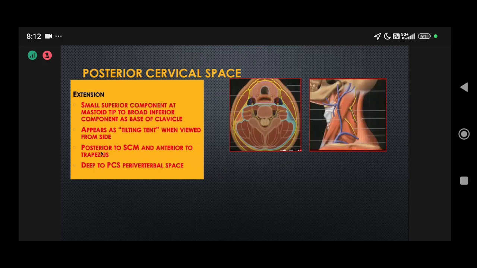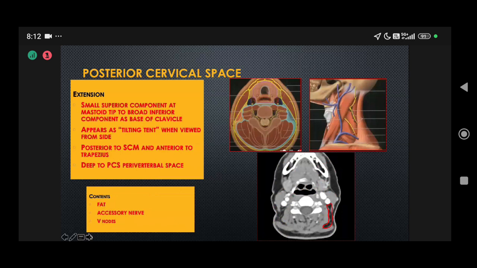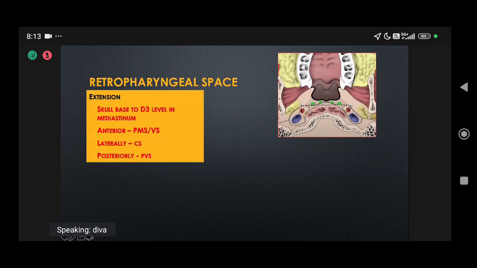The posterior boundary is the trapezius and the anterior boundary is the sternocleidomastoid muscle, and it is deep to the perivertebral muscle. The contents, as we have seen here, include the supraclavicular nodes.